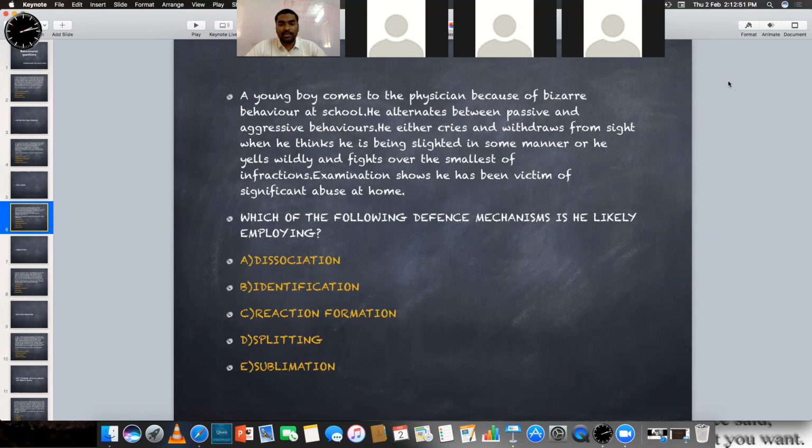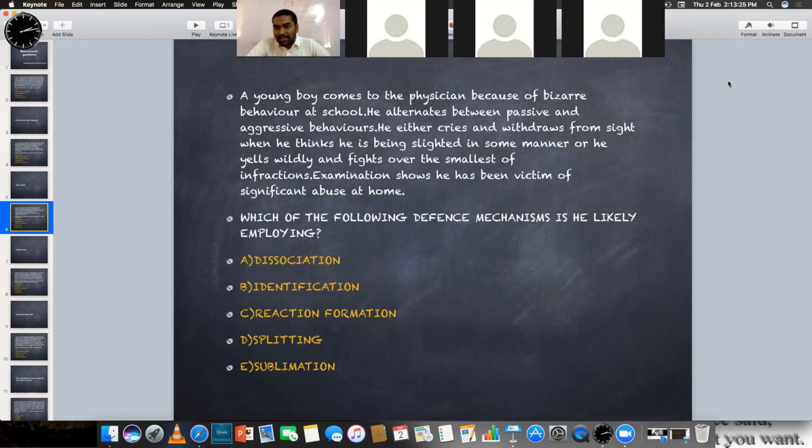Most of you said it's reaction formation. What is reaction formation? There's this weird thought in his mind, and he wants to do the opposite of what he's actually going through. If this person who was abused at home were to be really socially withdrawn and very nice to the rest of the class, instead of fluctuating between being nice and being aggressive, if he were to only be the opposite of what he's been dealt with at home, it would have been reaction formation.